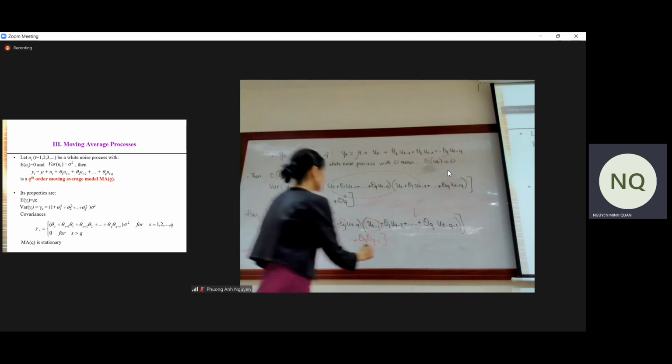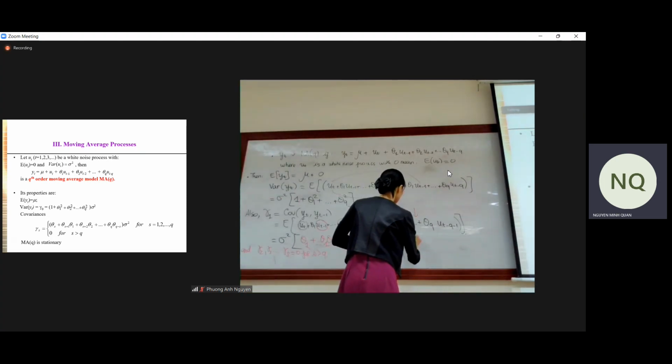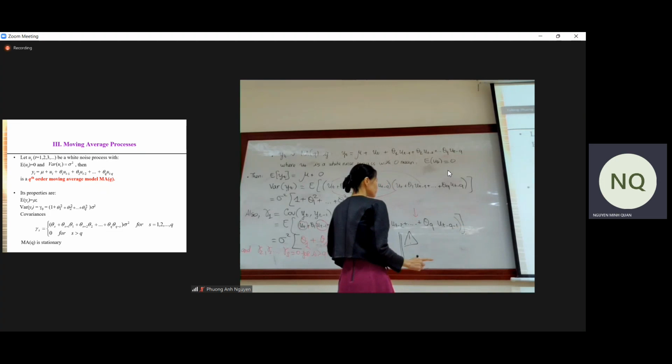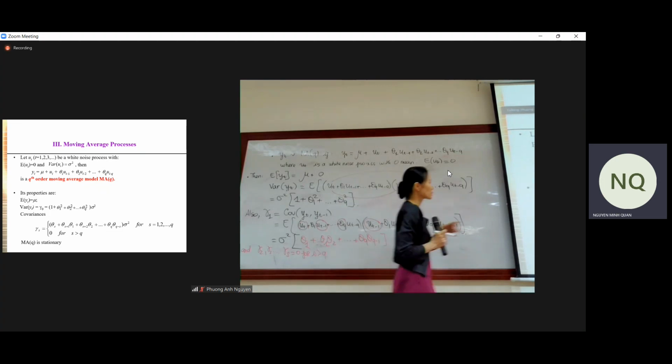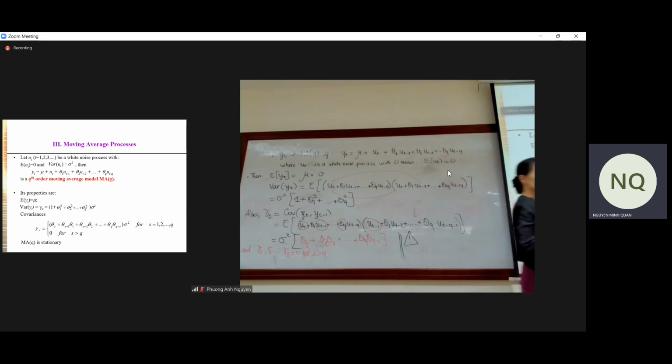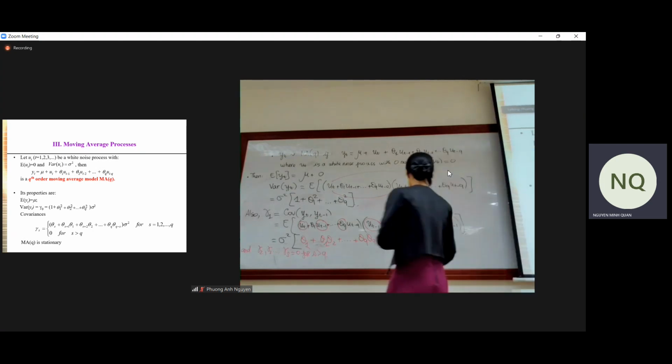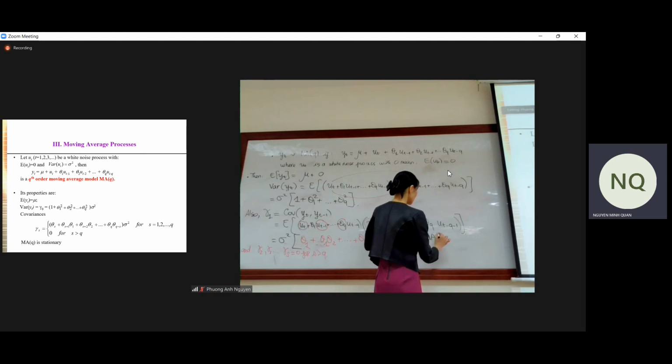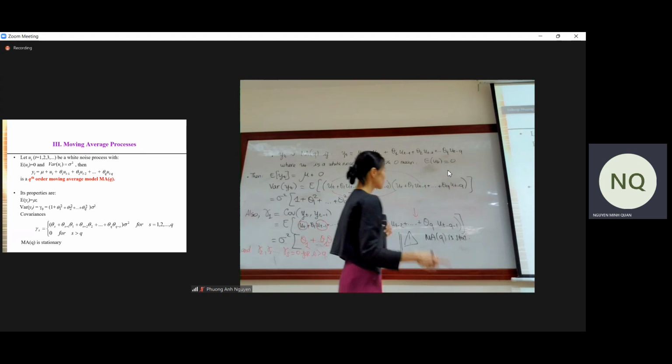Consequently, what's special? First of all, we see that expectation is a constant, variance also a constant, covariance constant for a given lag, so it depends on s only. So it's a stationary process. So MA(q) is stationary, quickly stationary, right?